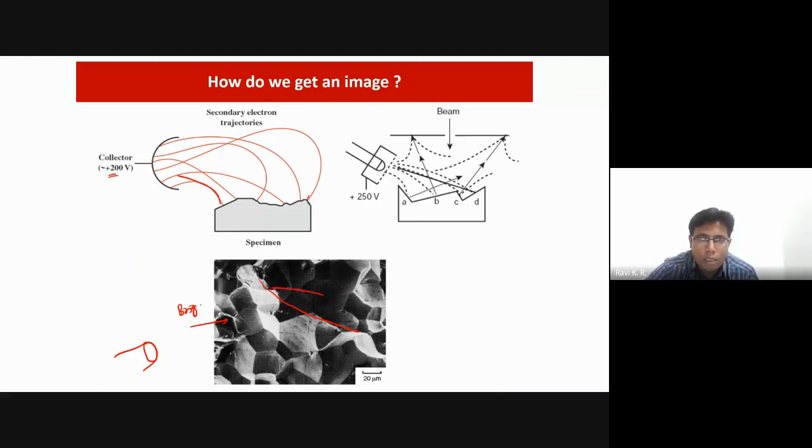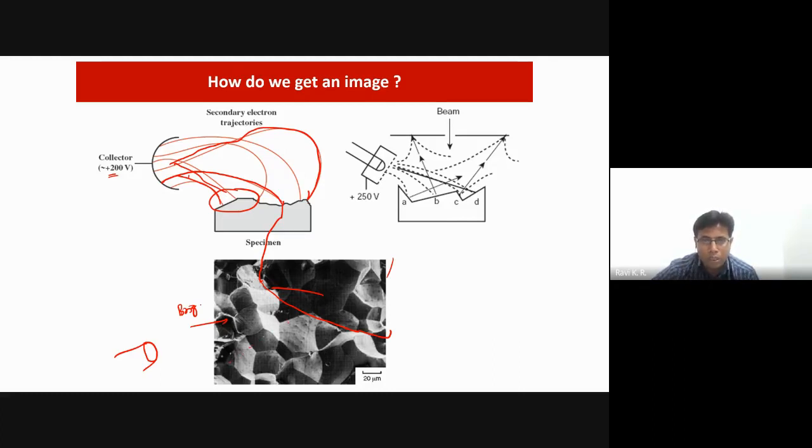The probability of electrons coming out through this kind of path is lower. Here it can come very easily. So if it is coming from this region, it can come very easily. That's the reason you can generally see a slight difference in the brightness and the contrast.